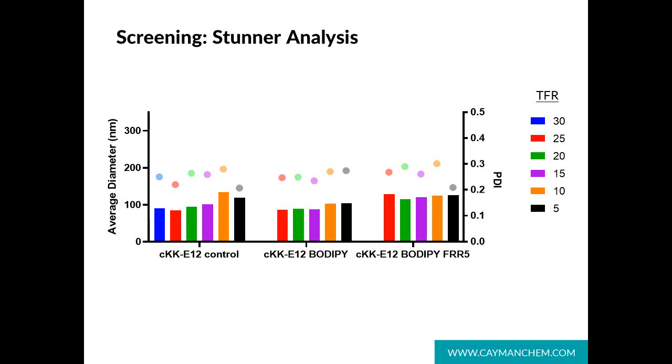BODIPY inclusion still didn't change the particle characteristics measured by Stunner, but a change in the flow rate ratio to 5:1 aqueous to lipid, which is in the set furthest to the right, resulted in larger particles. Notably, the lower total flow rates, the orange and black bars, which represent 10 and 5 milliliters per minute respectively, generally made larger particles as well. These data help to determine what the optimal conditions are for LNP formulation with these lipids.